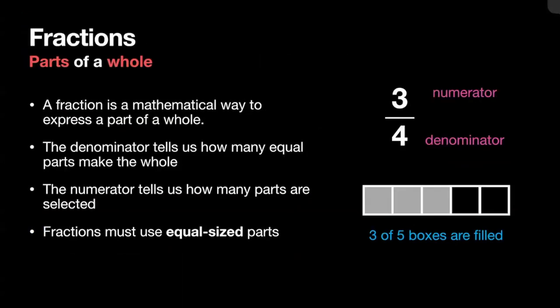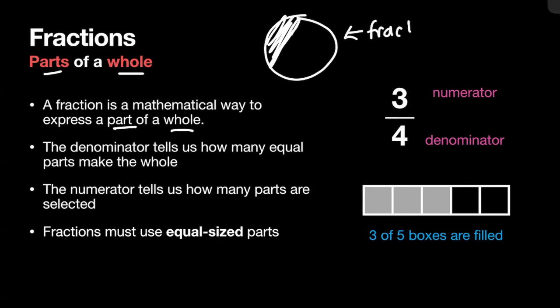So, okay. So we'll start off with this simple concept of fractions themselves. So fractions are what we call parts of a whole. So a fraction is a mathematical way to express a part of a whole. So if we have a whole shape and we want to just represent a part of it, that's what we can do with a fraction.